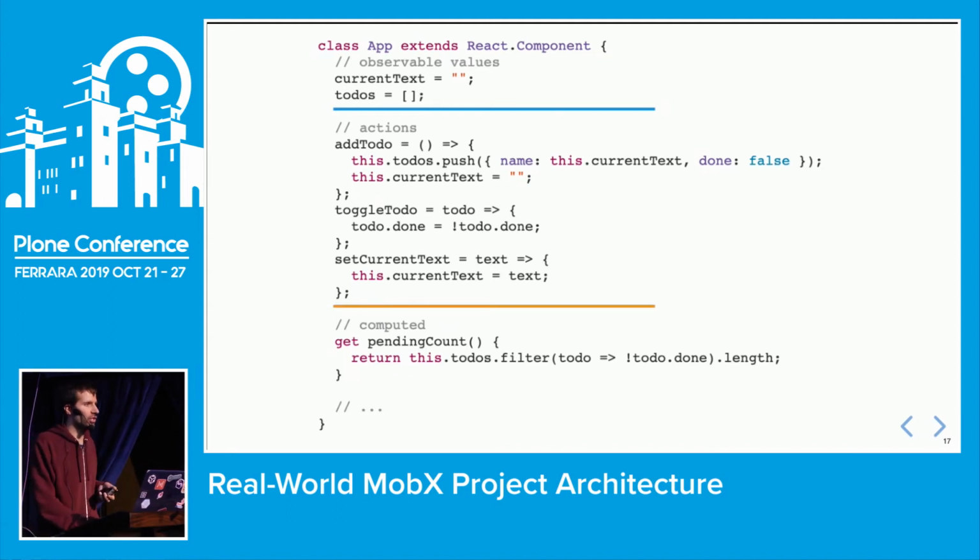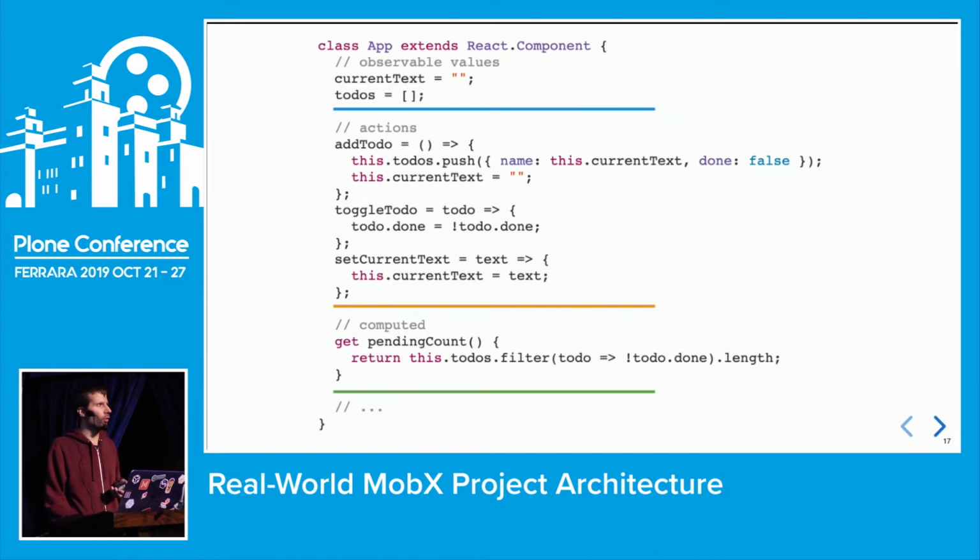We have actions, which are a way to update our state. So here we can say, for example, that when addTodo is called, what we do is push a new to-do in the to-dos array by picking up the current text and saying by default it is not done, and then we reset the state of the current text.